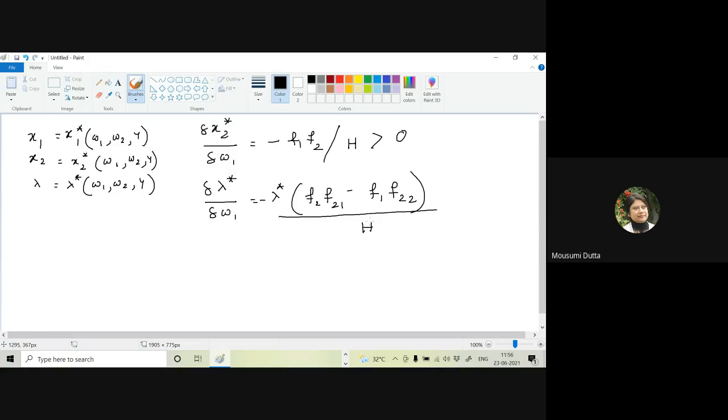Okay, and for that matter, it can be both positive as well as negative, depending on the value. If it is a numerical exercise, we will be able to find out whether the value is positive or negative.